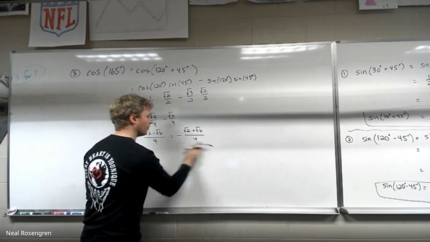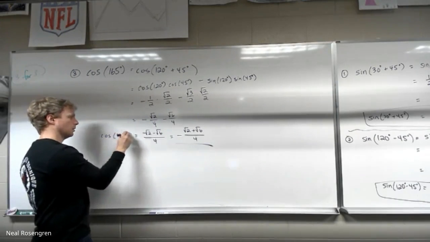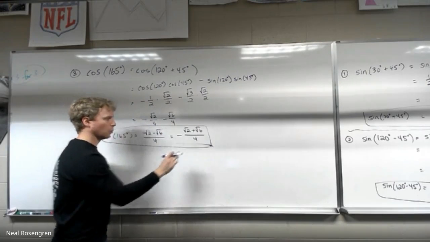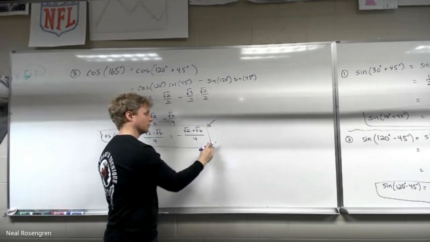For me, I'm happy either way. Whatever you want to call it, I'm good, so you don't have to write both. But pick whichever one you like better. Personally, I like this one.